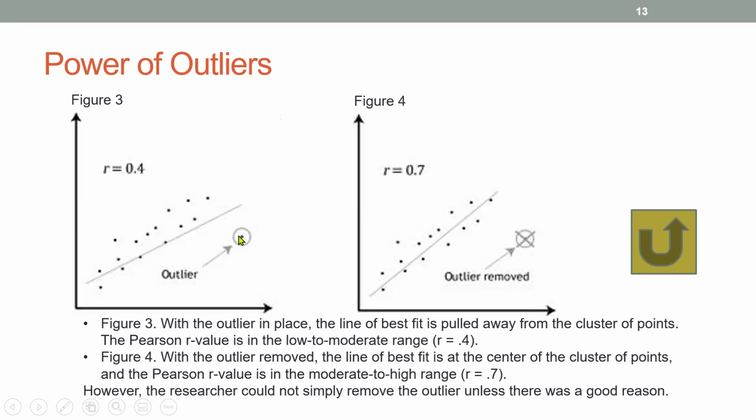For some reason, we found a legitimate reason that it wasn't an accurate measure, or that this person wasn't part of the population. And so we remove that outlier. Our correlation coefficient goes from 0.4 to 0.7 just by removing the outlier. And so we really do try to find reasons for pulling them when we can.